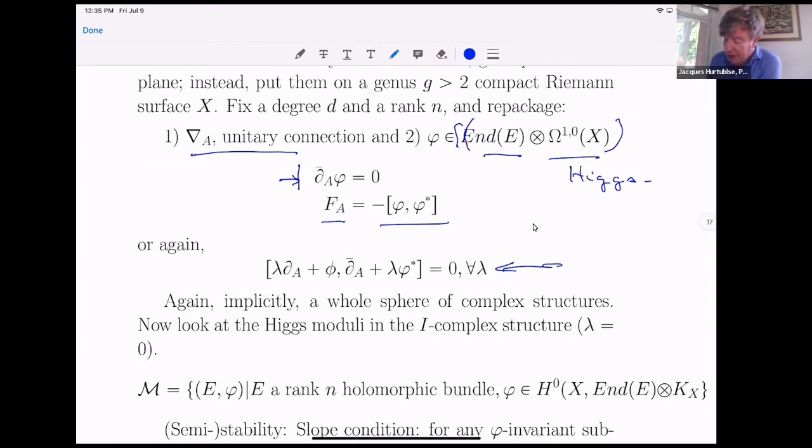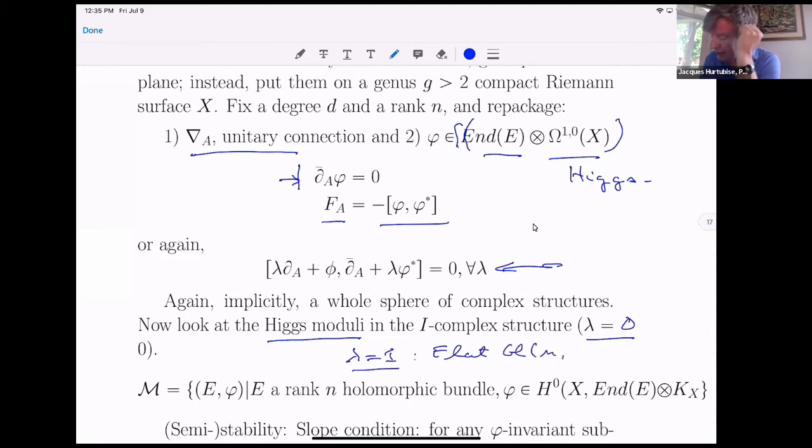The one we're going to concentrate on is the lambda equals 0 equation, and that's just d-bar phi equals 0. I should say that if you take lambda equals 1, you're getting the flat GL(n,C) connections, and there's a whole story there in terms of character varieties of Riemann surfaces.